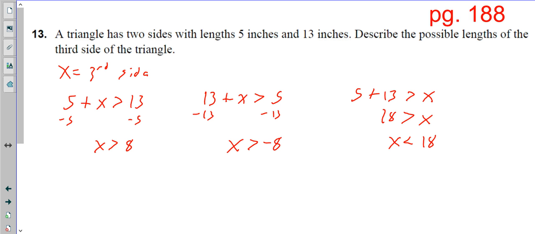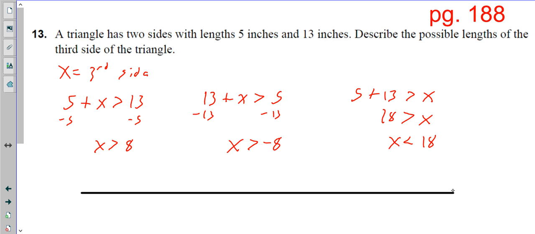To look at all these, if we think about this as a number line, our solutions are going to come from where they're all overlapping. So if I graph these, I'm going to highlight some key points here. So I have negative 8, 8, and 18. It doesn't need to necessarily be equally spaced out, but there's 0, negative 8, 8, and 18.